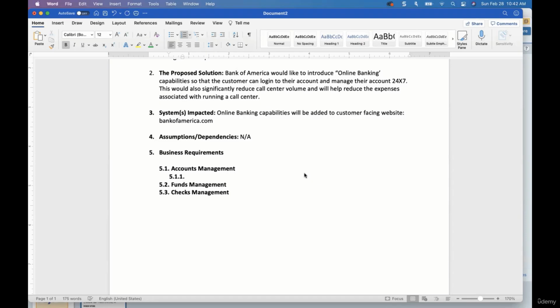Let me make this a little bit easier. I think I could have done a better job here. I'm going to add one more key here, and I'm going to say profile management.